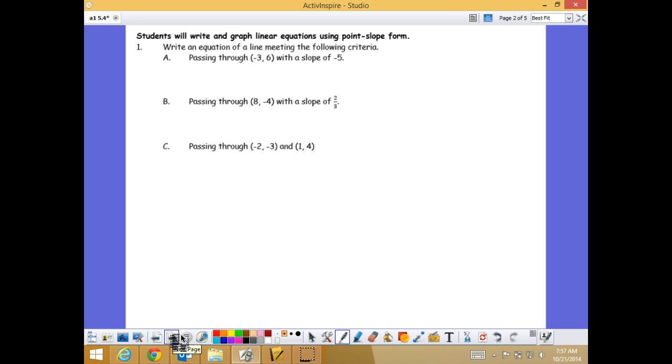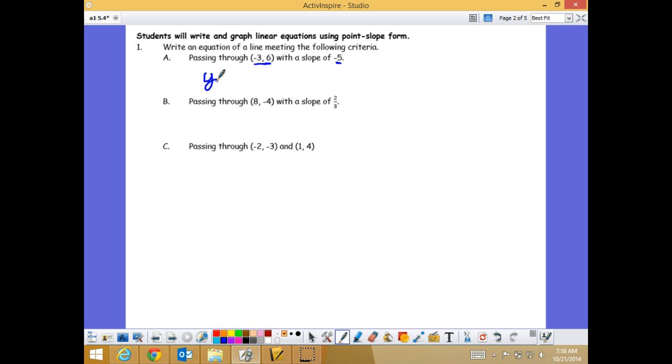So we've got three examples here on number 1. We're going to write an equation of a line meeting the following criteria. So in this case, we know the slope, and we know the point that it goes through, so we're going to write it in point-slope form.